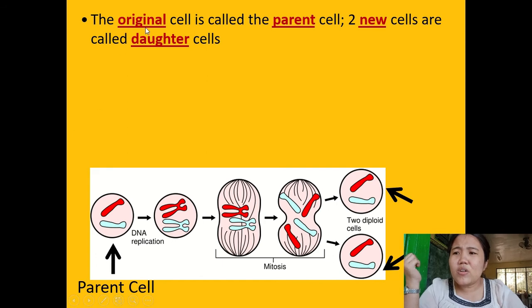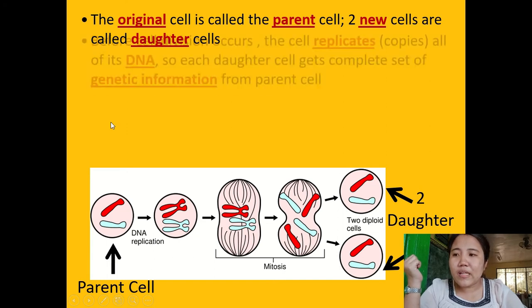Next is, the original cell is called the parent cell, while the two new cells are called daughter cells. I have here a picture which best depicts this: a parent cell and two daughter cells.